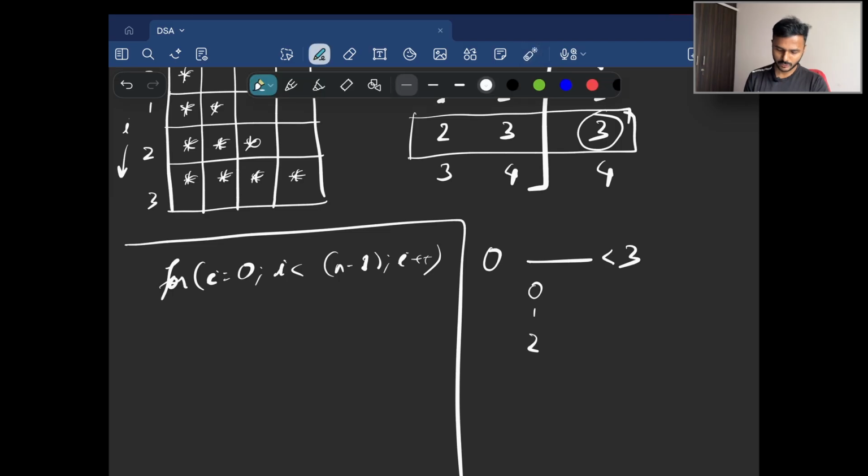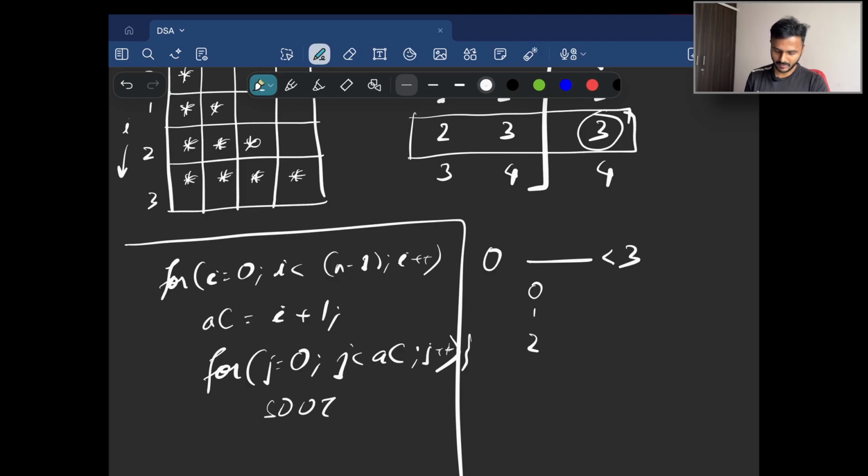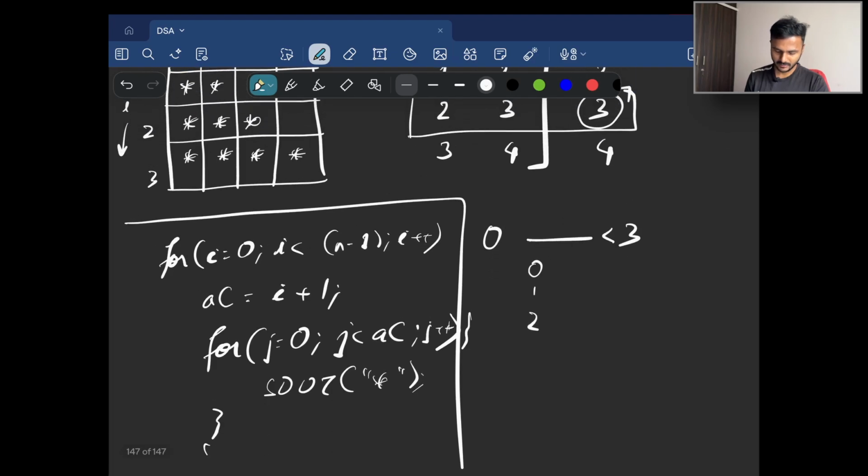Now, what we're supposed to do here is count the number of asterisks that we are supposed to print, which is I plus 1. Then we'll say for j equal to 0, j less than AC, j plus plus, right? And over here, all we will do is print an asterisk, then a println statement, and that is it.